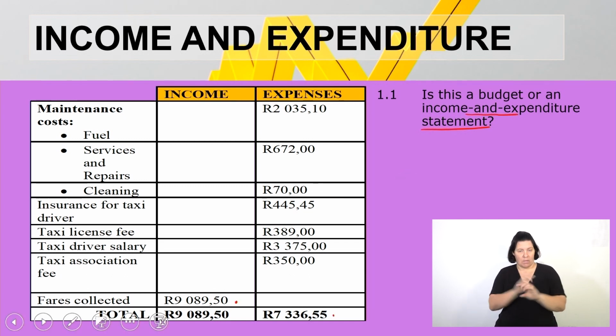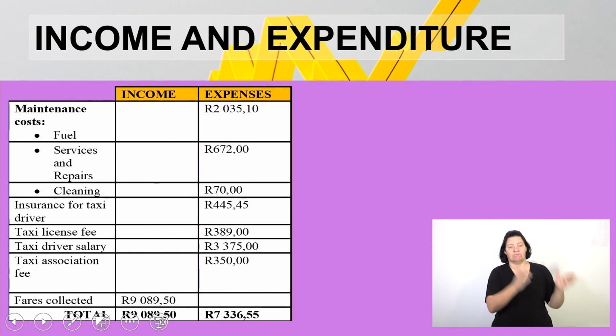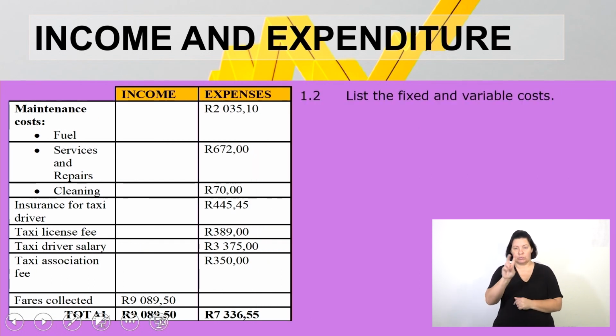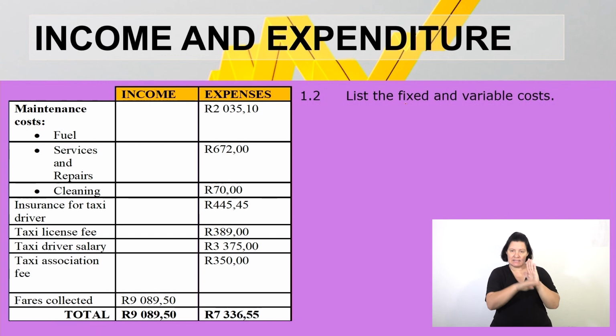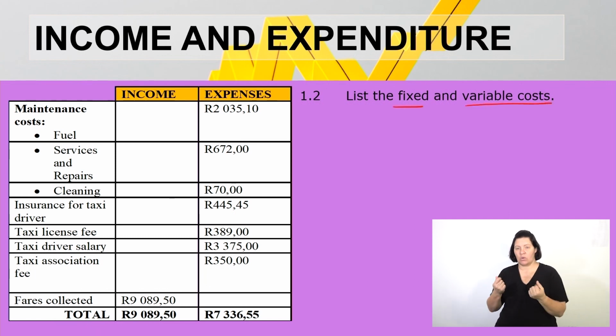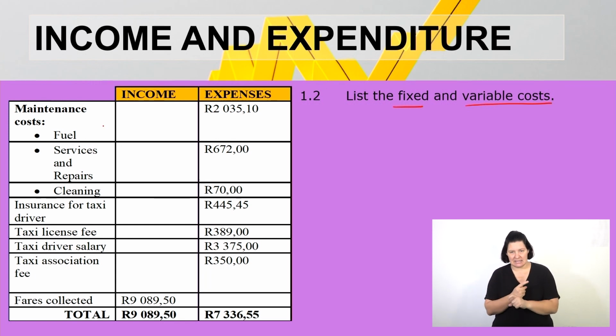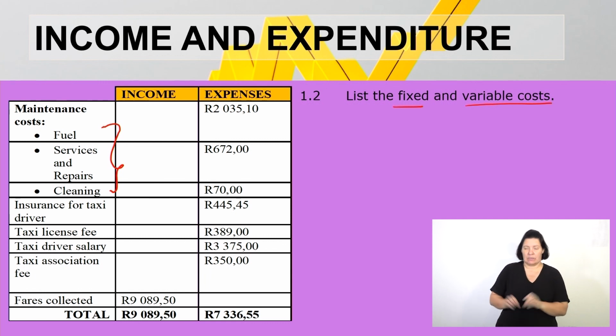I hope that is clear to you. Then moving on to question 1.2. It says, list the fixed and the variable costs. Looking at what is presented here, all the maintenance costs, your fuel, your services and repairs, cleaning of the taxi, these will be your variable costs because they are not the same every time. We agree on that, right?